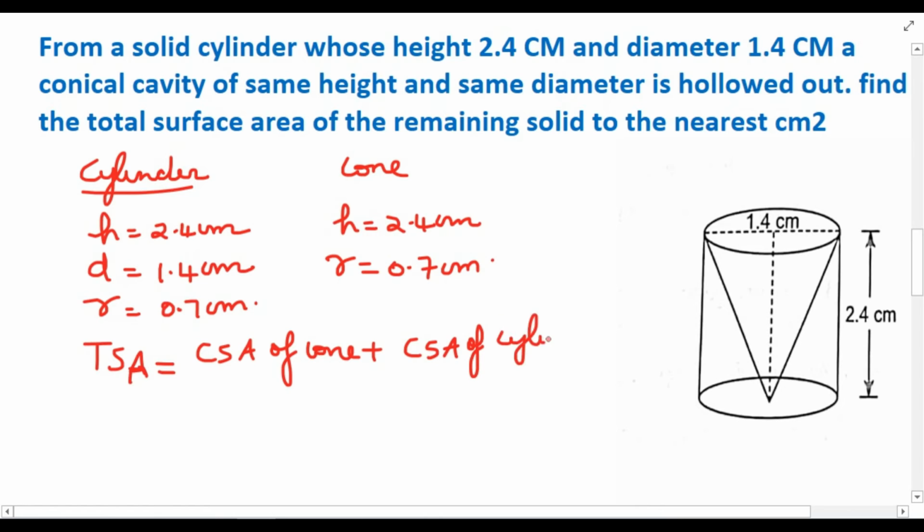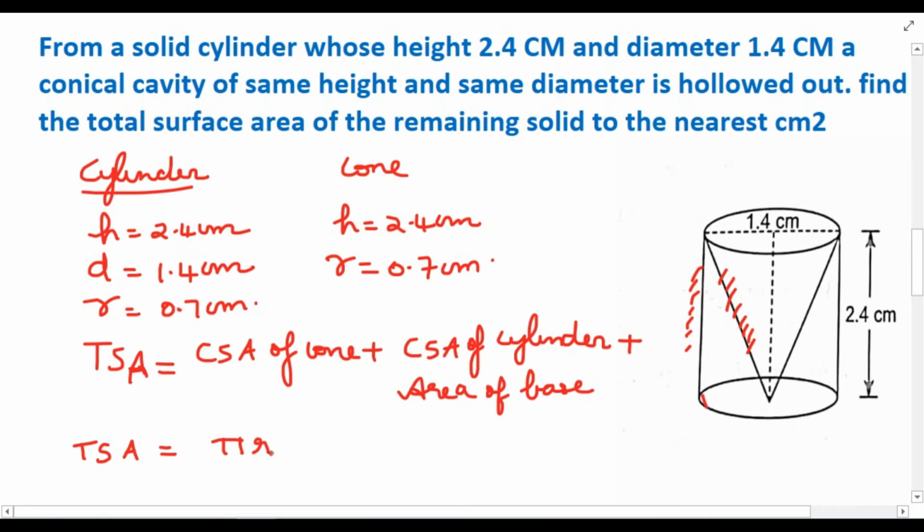It is hollowed out, so the surface area of the cylinder plus the surface area of the cone, and again this base is there, so plus the area of the circular base, the area of the base of the cylinder. So we can write the formula, TSA is equal to pi RL plus 2 pi RH plus pi R square.